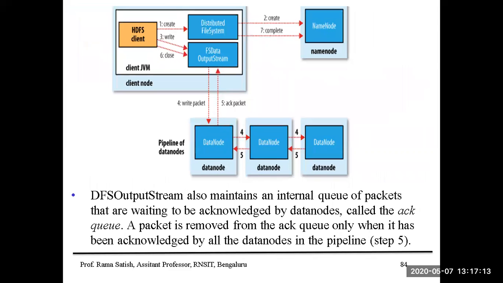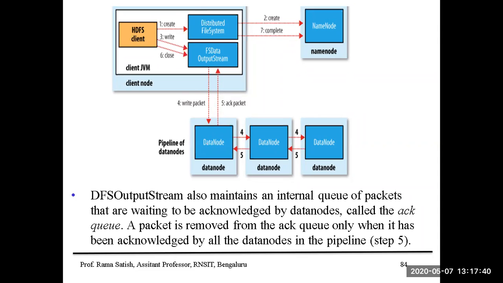The next step is the 5th step. Once data is stored successfully, the DFS output stream also maintains an internal queue of packets that are waiting to be acknowledged by the data nodes. Of course, you get an acknowledgement from the data nodes that the data is successfully stored. This is what we call the acknowledgement queue.